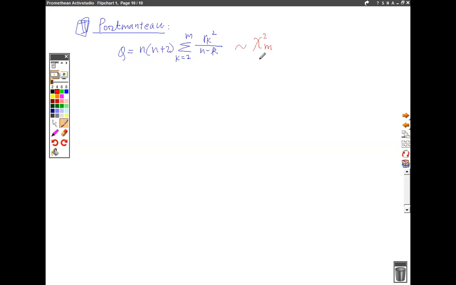But if you have modeled a series, let's say with some ARMA or ARIMA model with some p, q, and 0, then the degrees of freedom will be different. You will have to subtract the number of parameters you estimate.